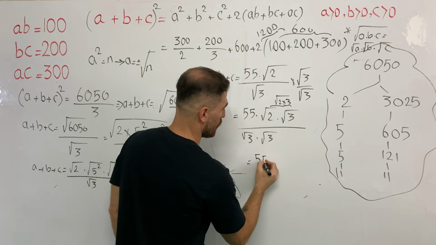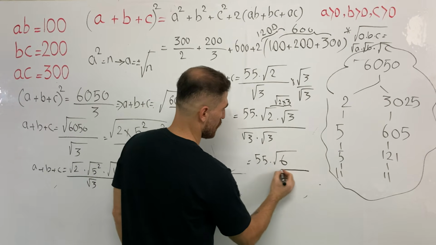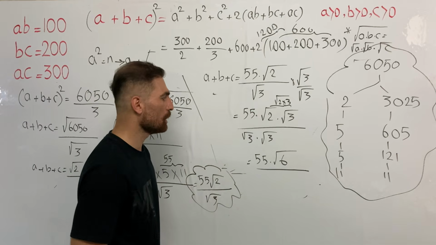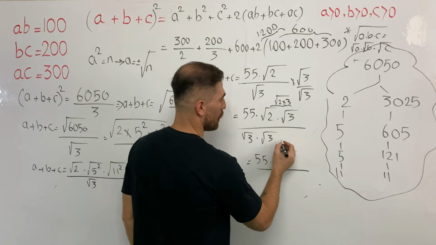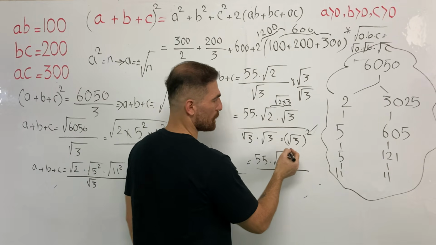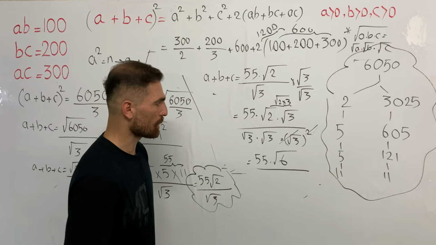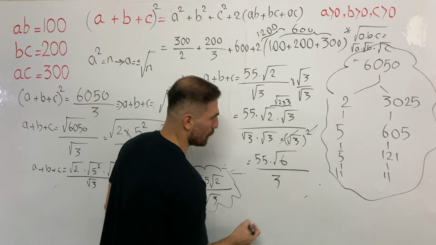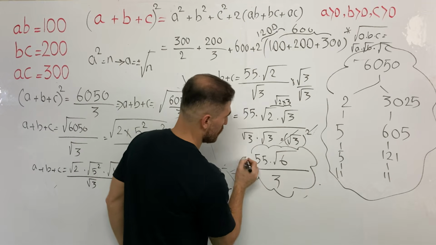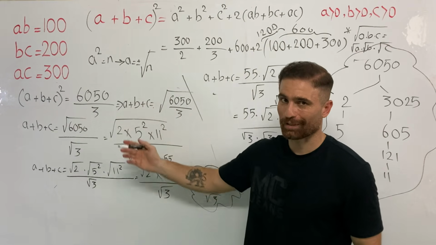So I write here 55 times second root of 6 over second root of 3 times second root of 3 can be written in the form of second root of 3 to the power of 2. These 2 as exponent, these 2 as root can be cancelled off. So 3. And what is this? This is the most simplified answer of our question.